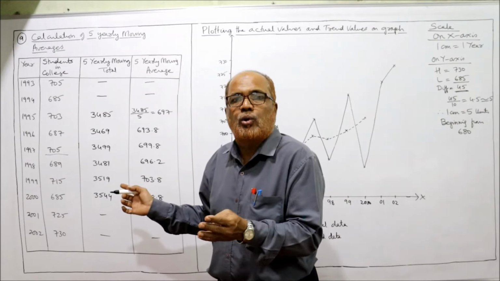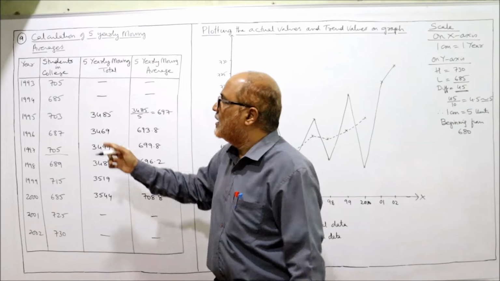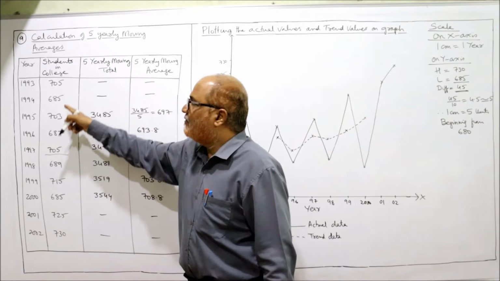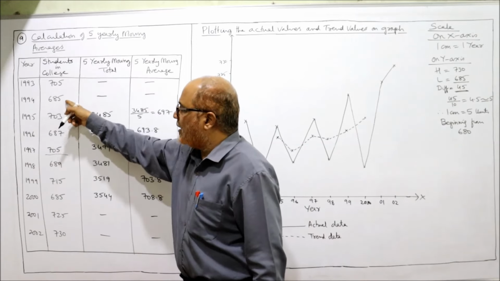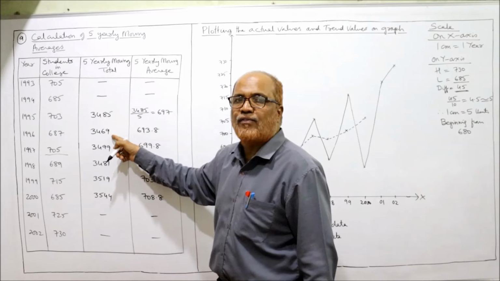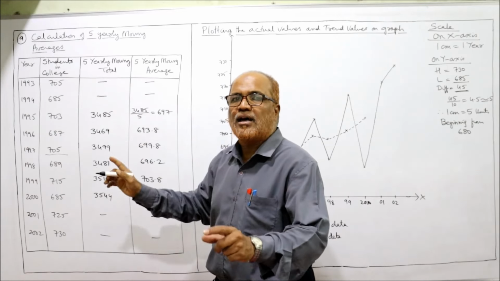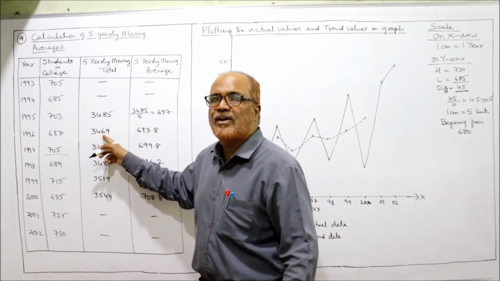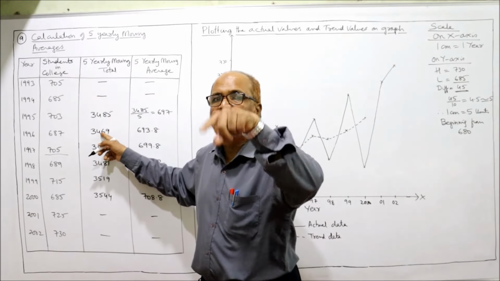Otherwise, if you don't want to do like this, then the long method: leave the first and then add up all the next 5 values, you will get 3469. So either you add up 5 times, or simply to the previous figure add the next value and drop the first value.